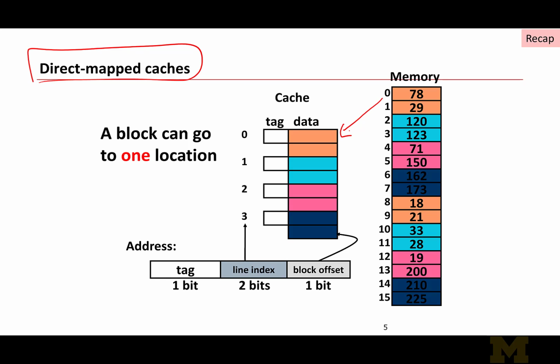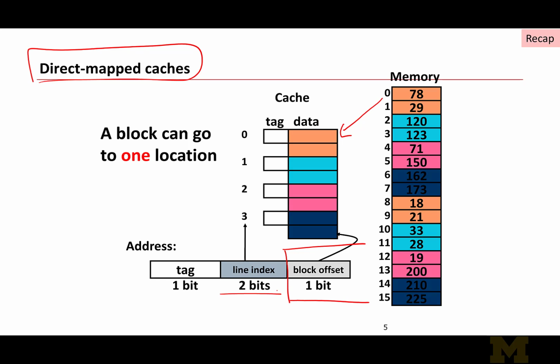The way we accomplished that was by taking the address. We can't really do anything with the block offset, so that's gone. And we grab the remaining least significant bits, as many as we need, to create an index into the cache. So we treated the set of cache lines like we would treat an array in a normal C program.